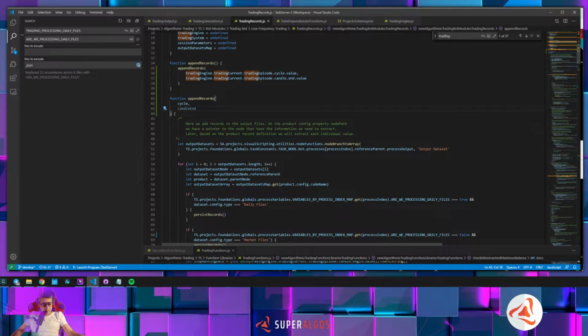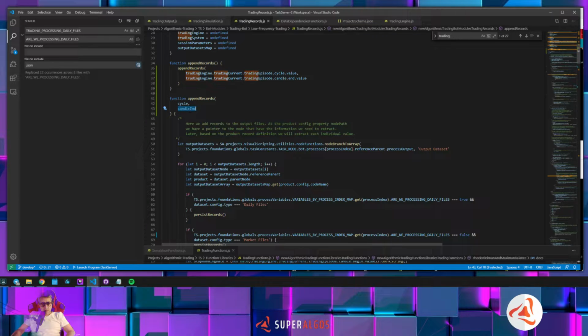By the way, we might have this same problem with the generalization that we made in the previous episode. So we will have to check that out to make sure that we are not sending an engine that actually has this naming inside trading, because other bots will have other naming. So I will have to fix that too.